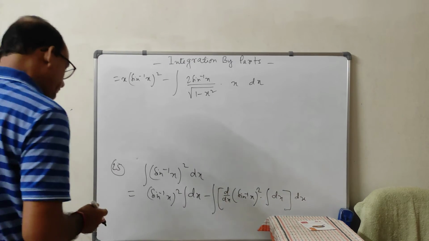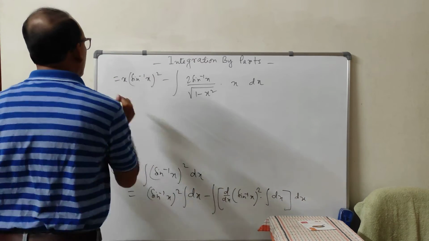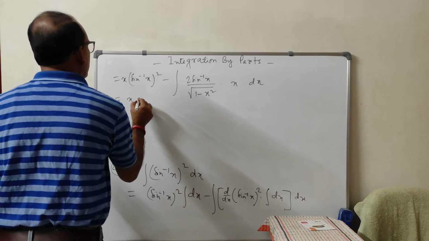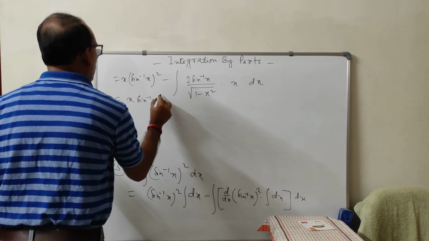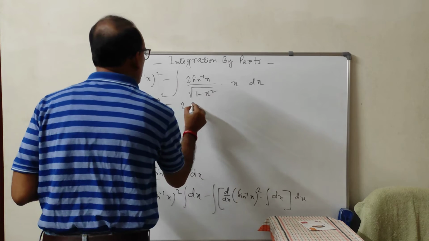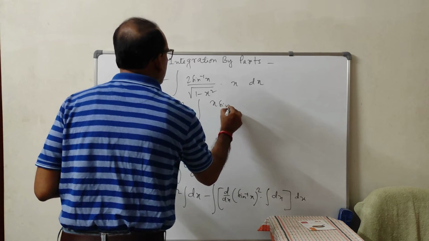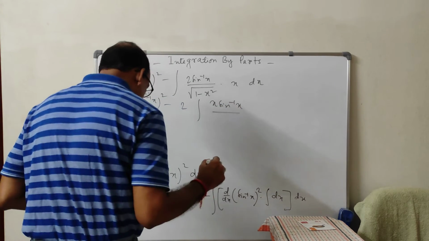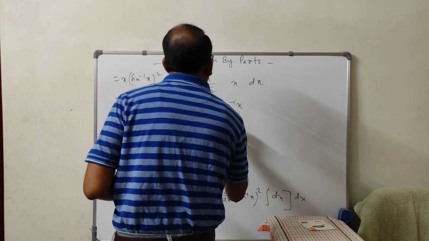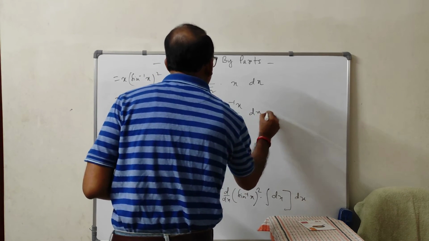Okay, and so x sin inverse x whole square minus 2 integration x sin inverse x by root over of 1 minus x square dx.